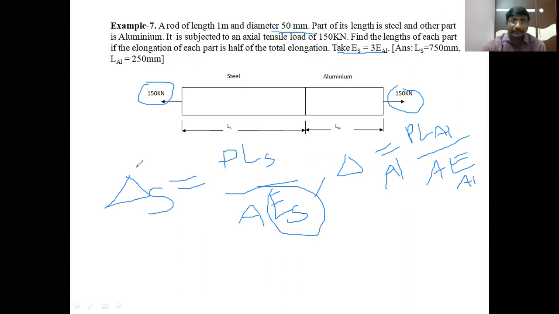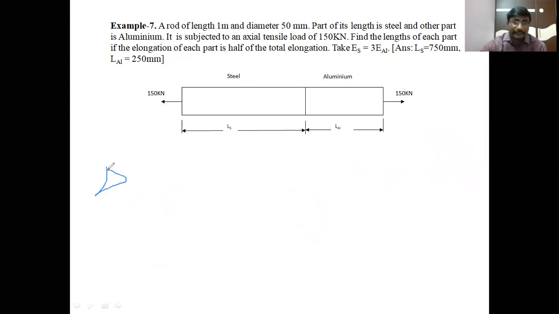How to find the length of each part? Then summation of both, that is delta S plus delta AL, the total extension. Find the length of each part if the elongation of each part is half of the total elongation. So the total elongation delta, delta S is equal to delta by 2.